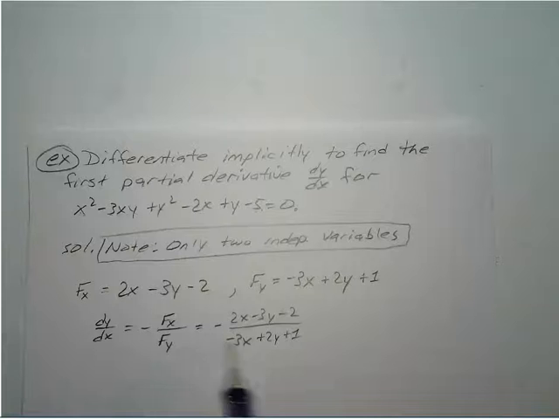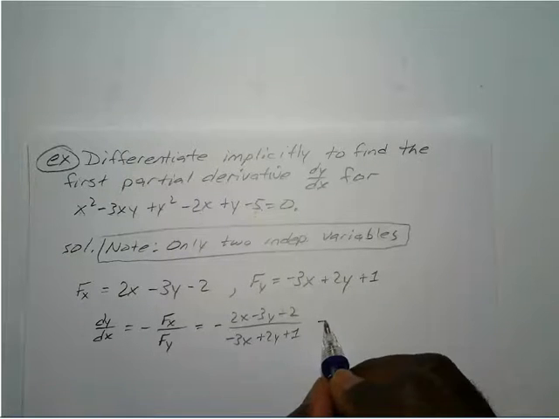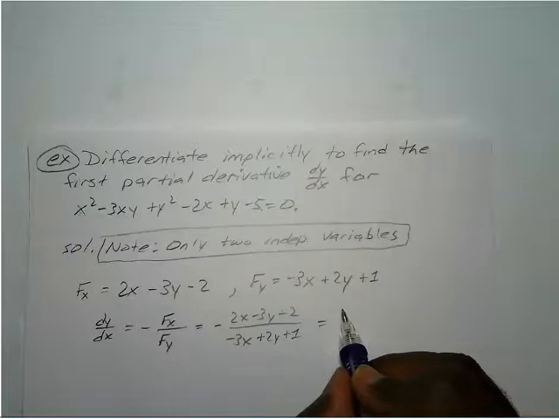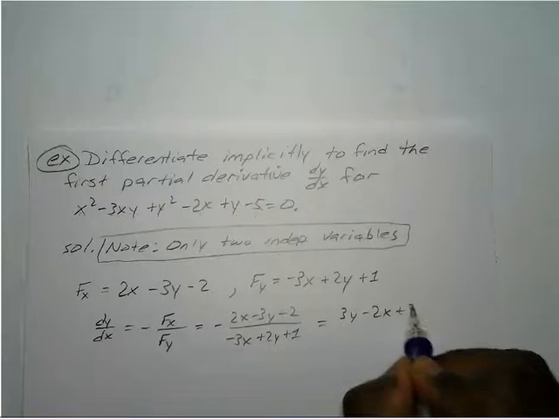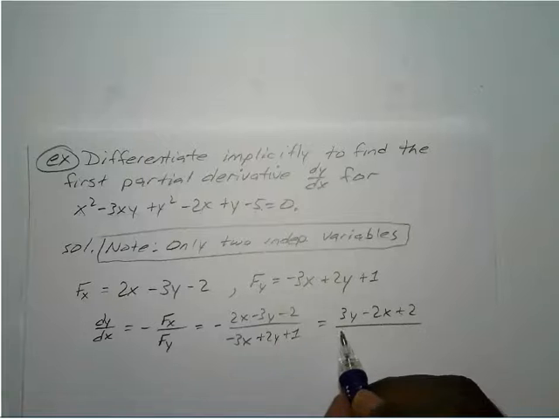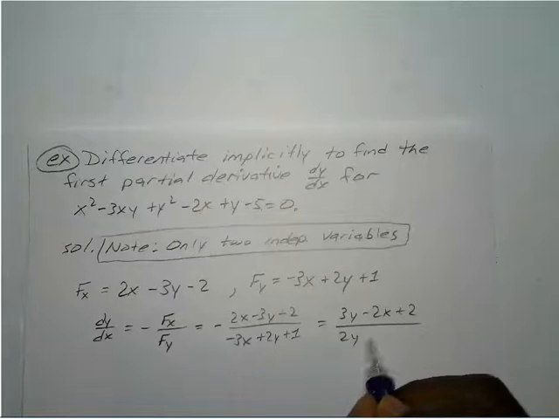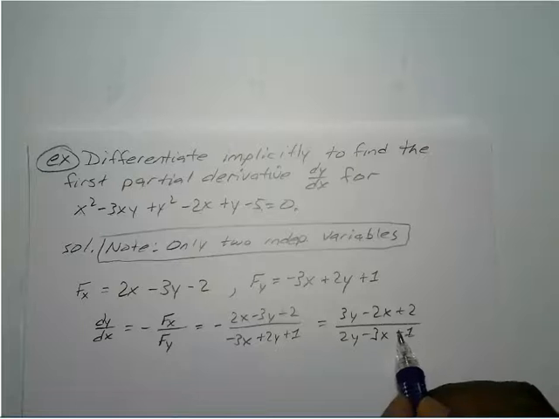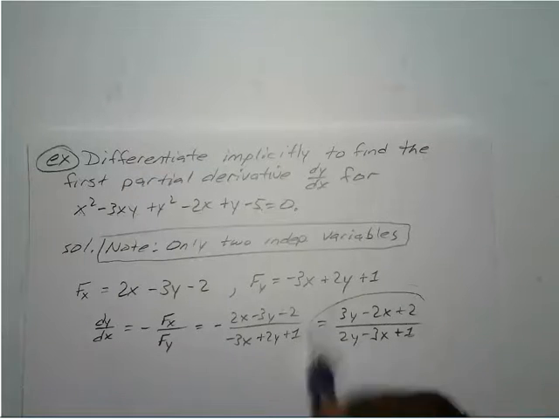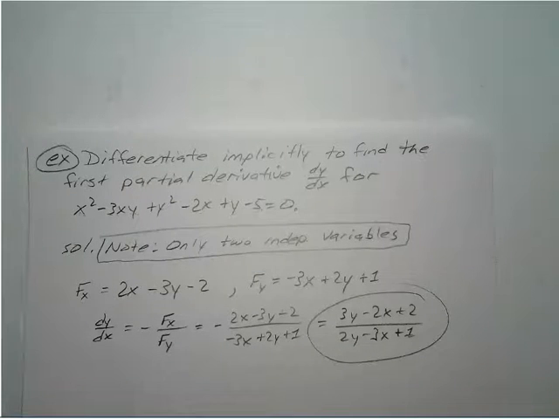If you like, you can distribute the negative to either the numerator or denominator. We'll move it up top, so we'll have positive 3y minus 2x plus 2 over, say, 2y minus 3x plus 1. It doesn't matter which order you put them in. I just move that to the front because they're positive.